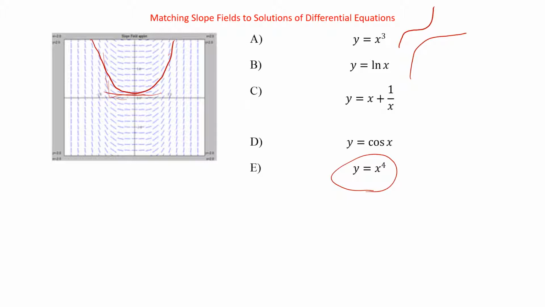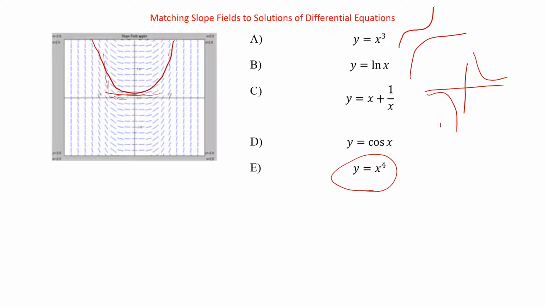X plus 1 over x. 1 over x gives us a graph that looks like this. Adding x to it, I can't imagine that it's going to magically turn into quadratic shapes. In fact, it's usually the same shape, it just gets stretched a bit.